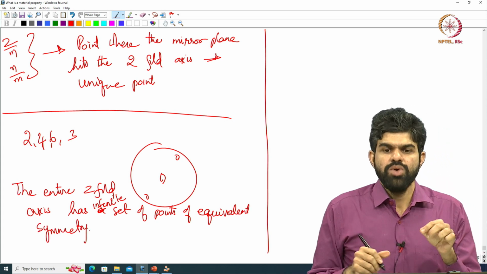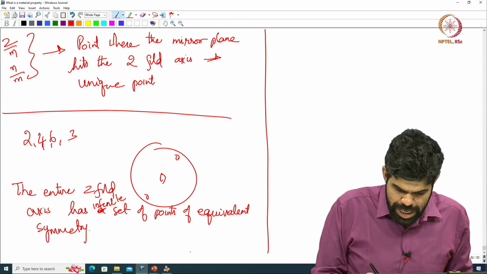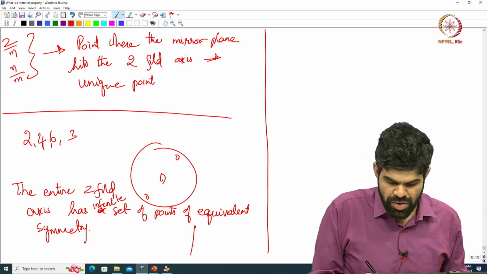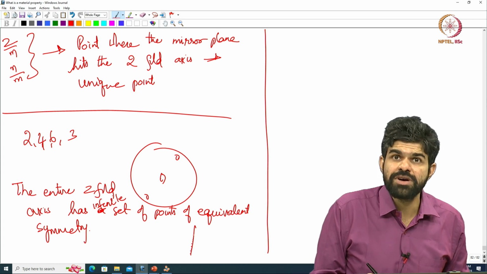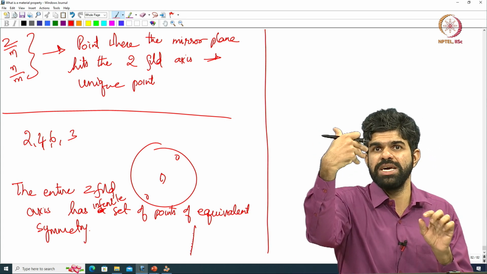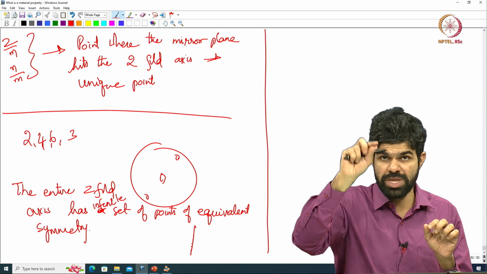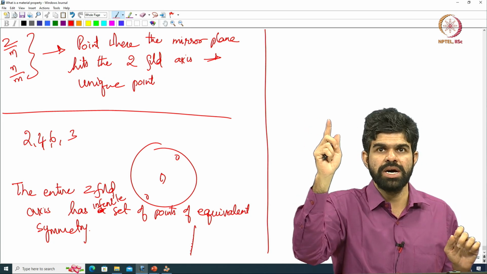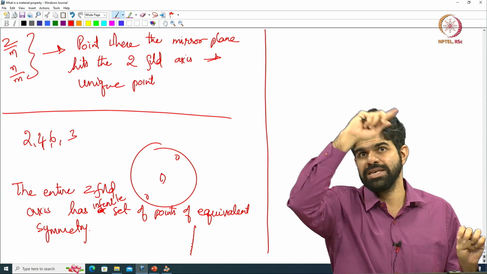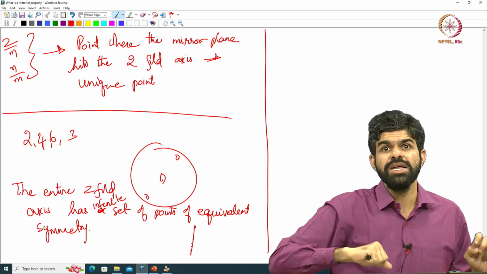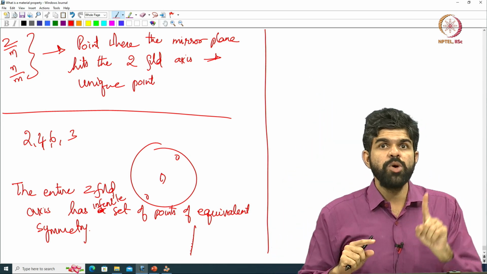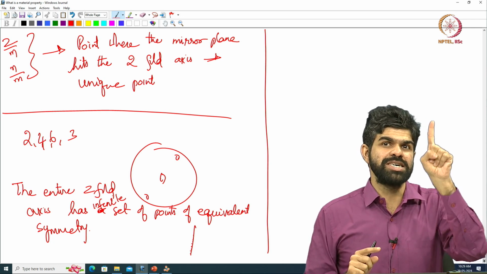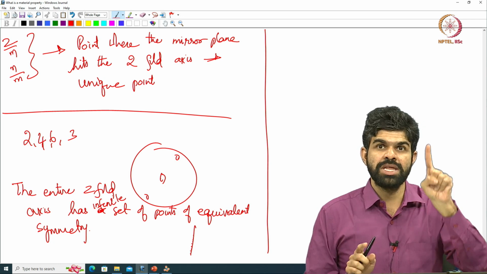Every point is symmetry-wise equivalent. So, I can go about any point on this two-fold axis or n-fold axis of rotation, and about every point I can rotate my asymmetric unit by 2 pi by n, and then I get the same thing. So no point is unique along this axis, but there is a line that is unique, or the axis is unique.